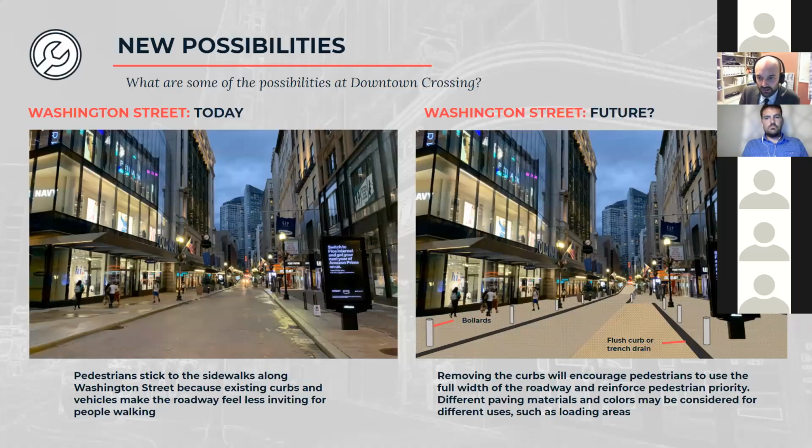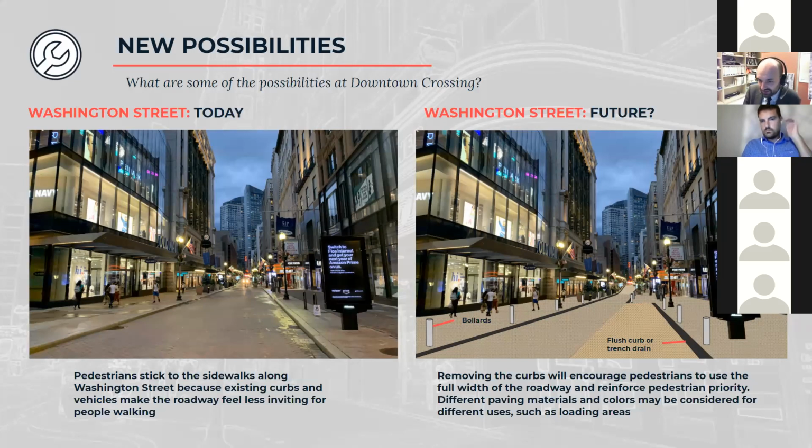And this is just a very, very rough conceptual look at how Washington Street could potentially look if we were to make it flush. So I want to highlight as we look at these renderings that these are not designs. They're just high-level concepts.